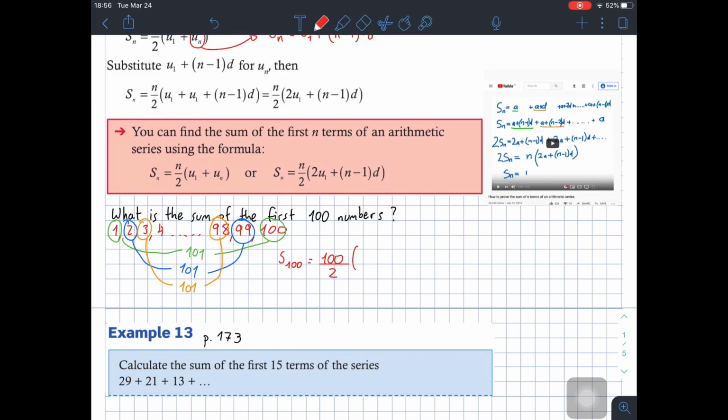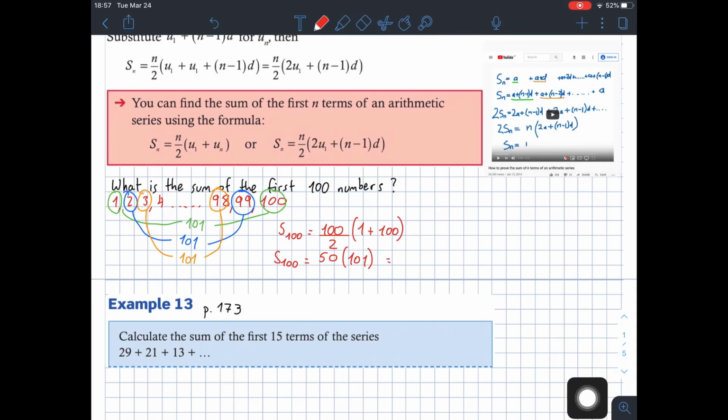And what we do next is we always add the first term with the last term, right? So this basically gives us 50 times 101, okay? So the sum in this case is 5,050.